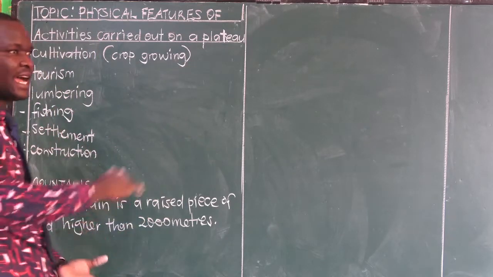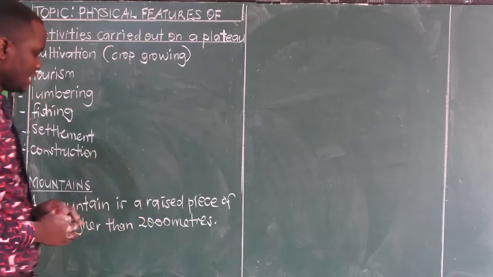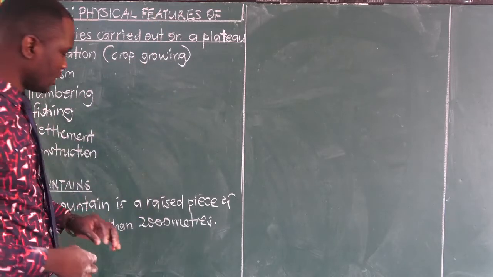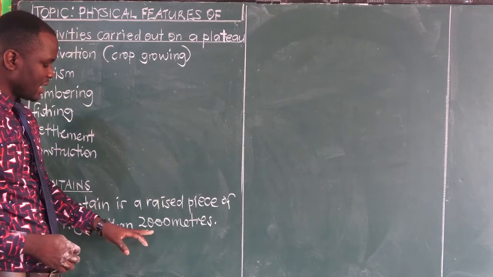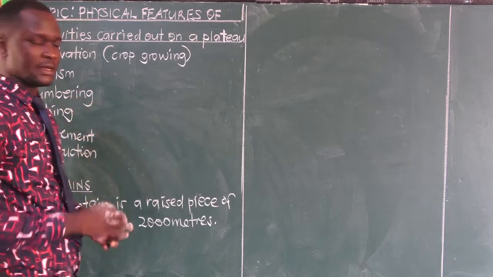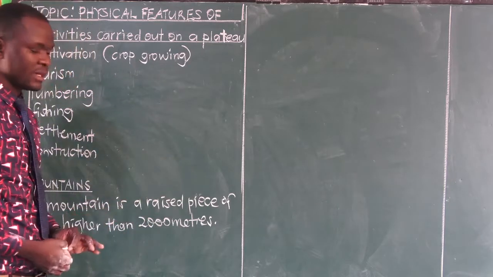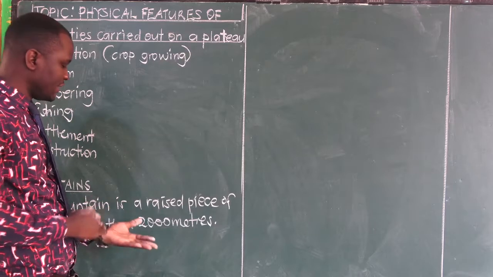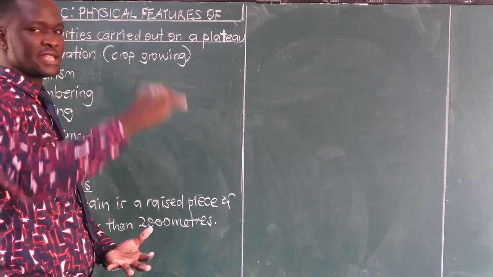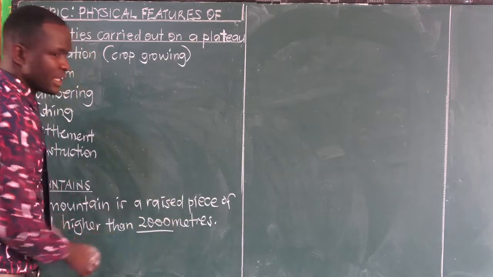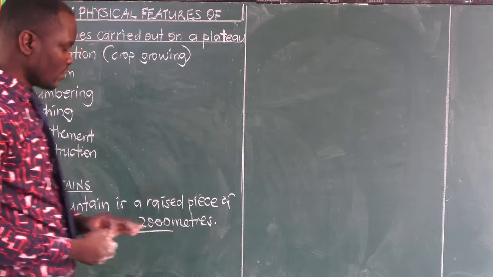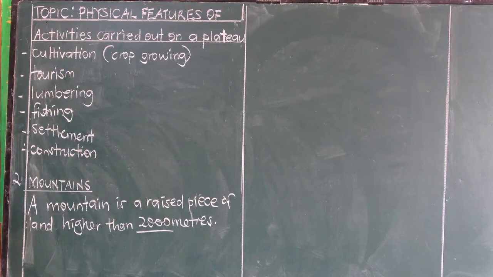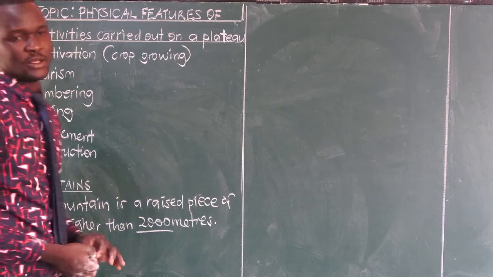The height of land above the sea level is determined by altitude, which is measured by the instrument we call the altimeter. So we measure if this raised piece of land is higher than 2,000 meters, then that qualifies to be a mountain.